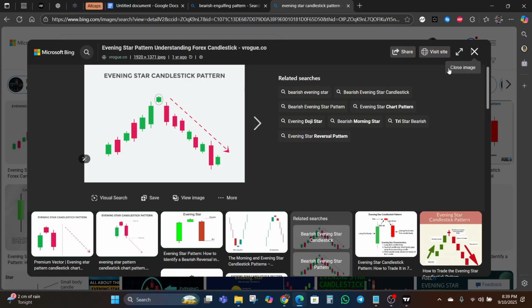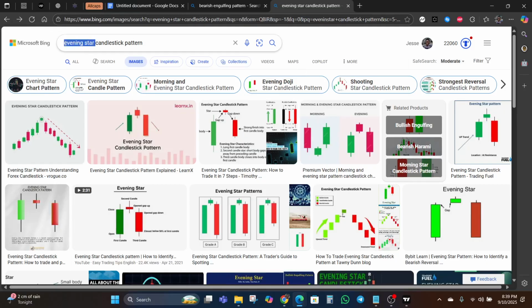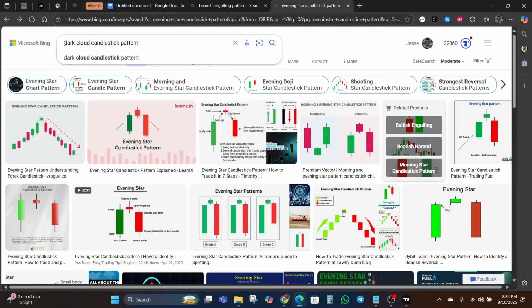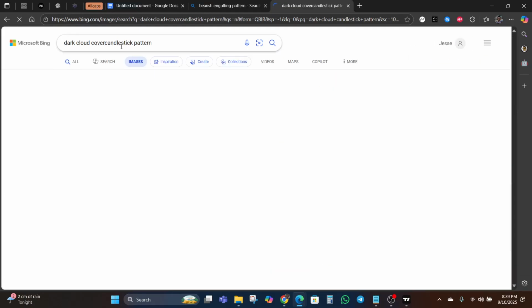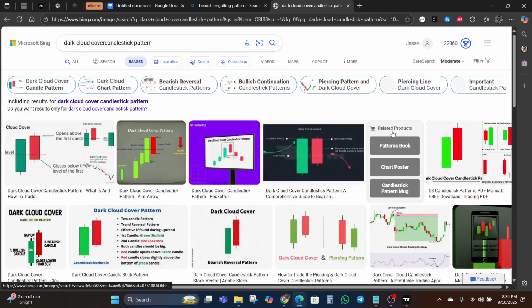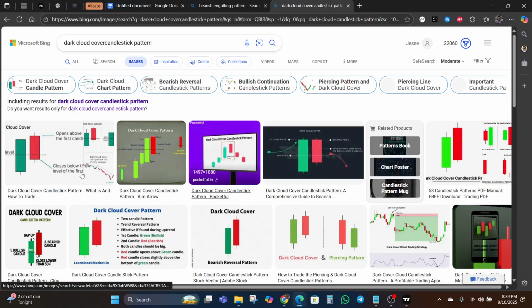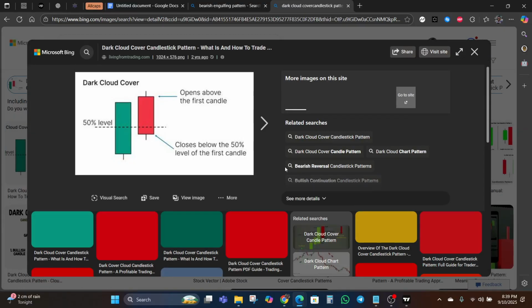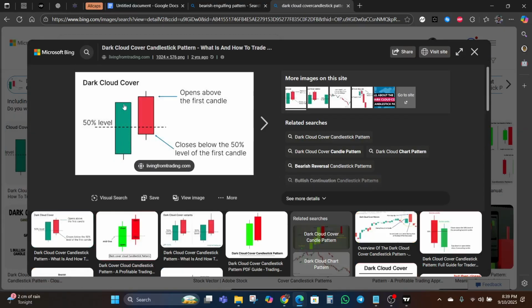Now, the next candlestick pattern we're going to be looking at is the dark cloud cover. This is a 2-candle pattern where the first candle is bullish, but the second candle opens above the first candle and then closes deep into the body of the first candle.